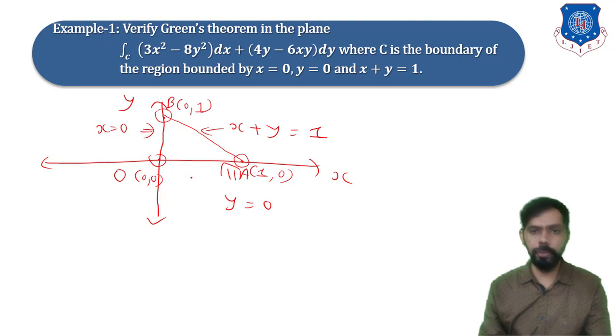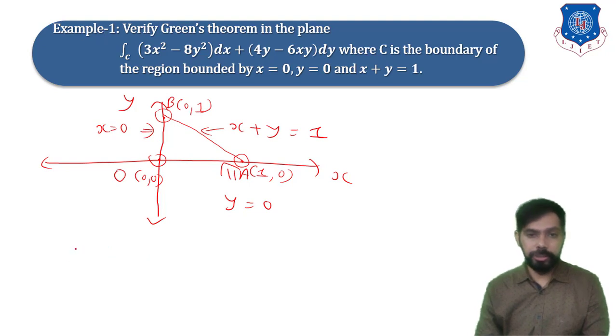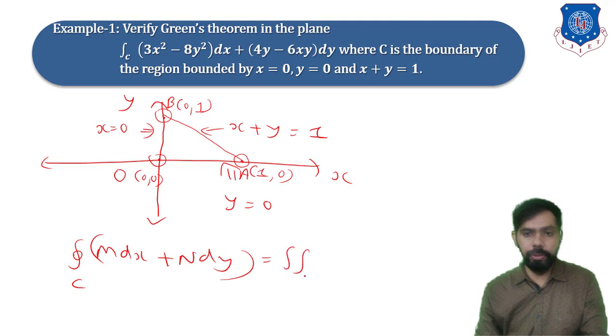Now here first of all we will have to verify Green's theorem. What is Green's theorem? That we have already discussed. It is integration over closed curve C M dx plus N dy, that is equal to double integration over region R del N by del x minus del M by del y dx dy.